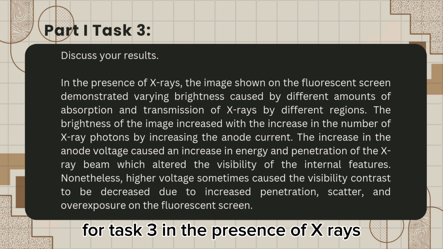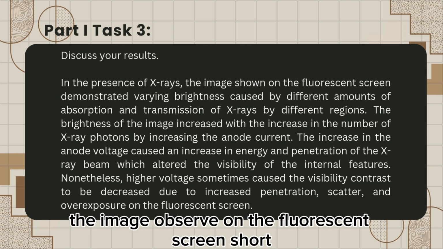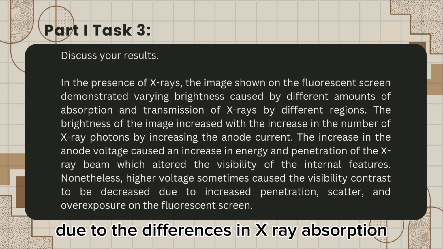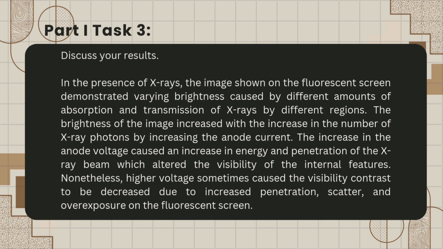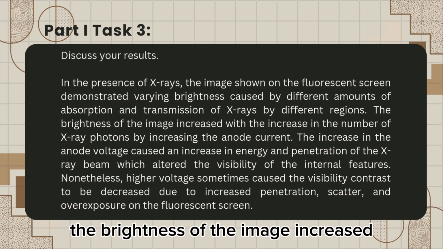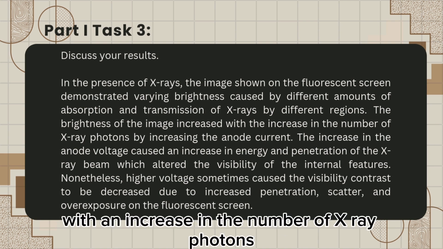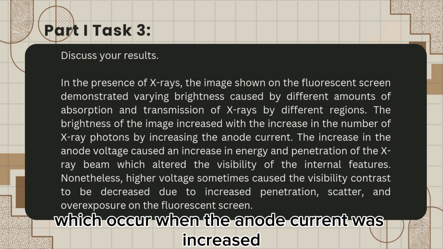For task 3, in the presence of X-rays, the image observed on the fluorescent screen showed varying brightness due to the differences in X-ray absorption and transmission by different regions of the object. The brightness of the image increased with an increase in the number of X-ray photons, which occurs when the anode current was increased.